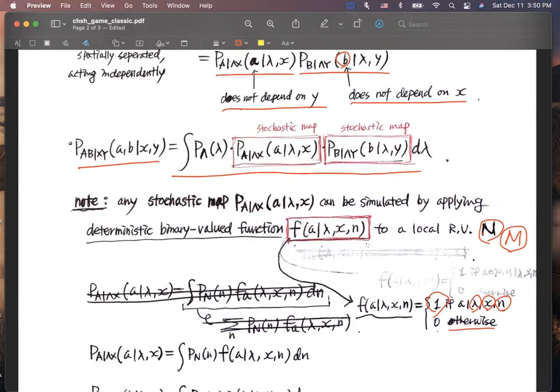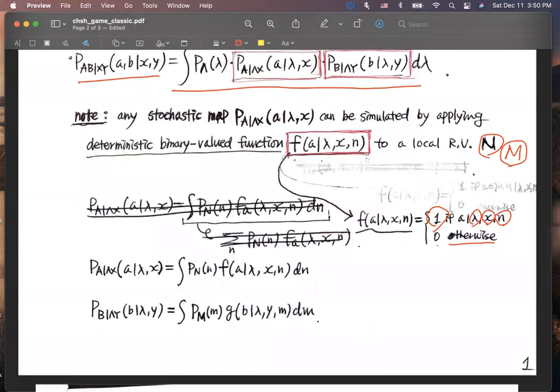Similarly, we can redefine the conditional probability for Bob with a binary value function g. So we rewrite this conditional probability as this expression: the integral of probability of n times f of a given lambda, x, and n, and probability of b given lambda and y is equal to the integral of probability of m times g of b given lambda, y, and m.